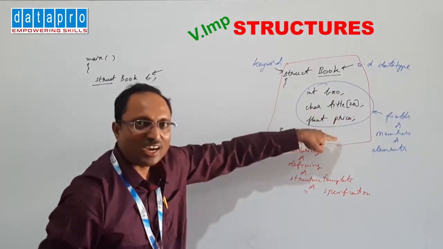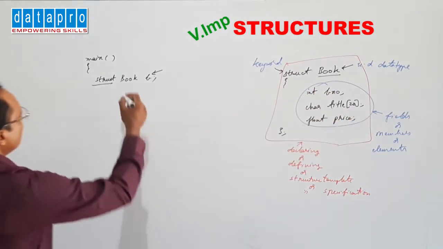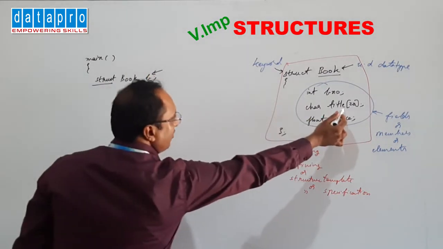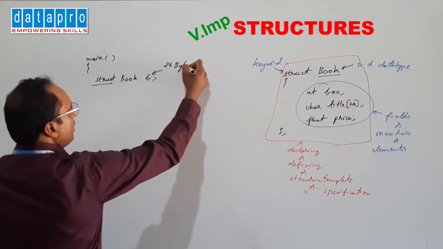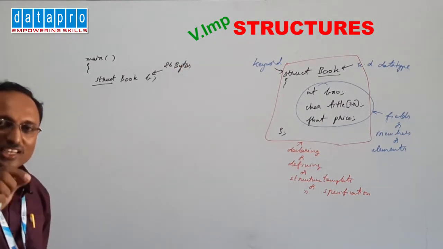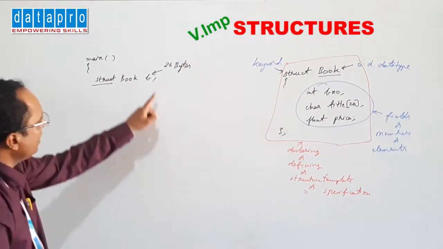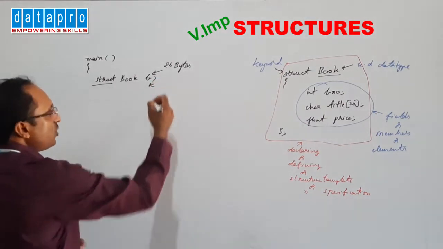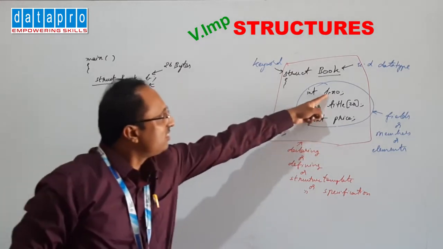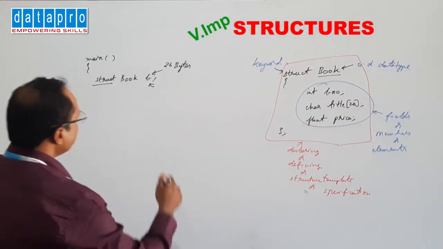So you have to add all these fields. So 2 plus 20, 22 plus 4, 26 bytes. This is how we calculate the size of a structure type of variable. This variable is also known as an object, because it is going to contain elements inside it.